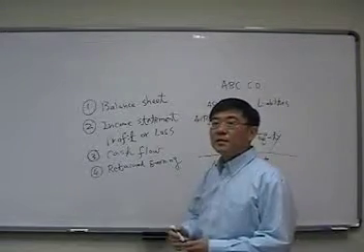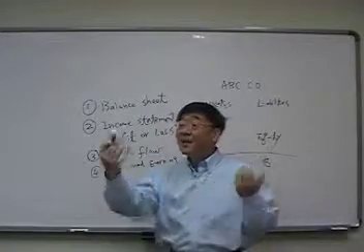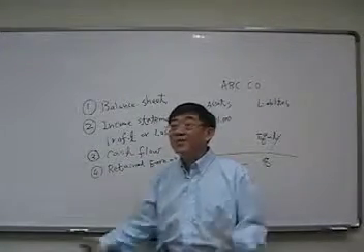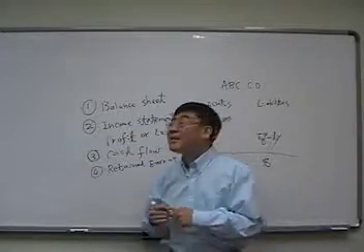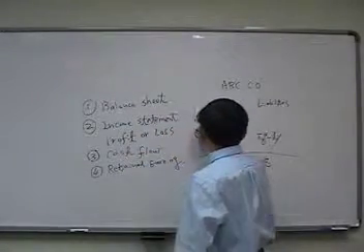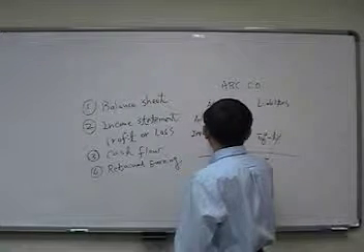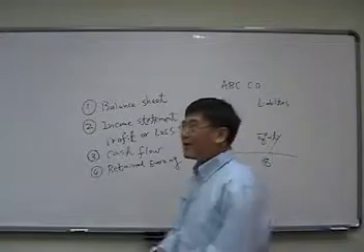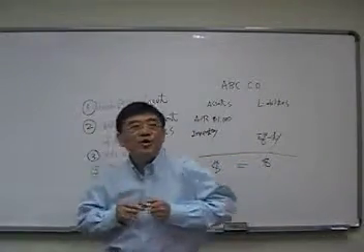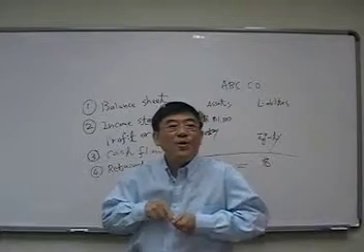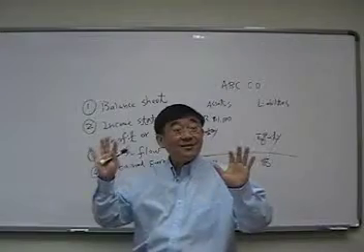The other one? Inventory. Inventory is another asset, but inventory is reduced, right? The problem is, inventory usually is not reduced by 1,000. Got the point?